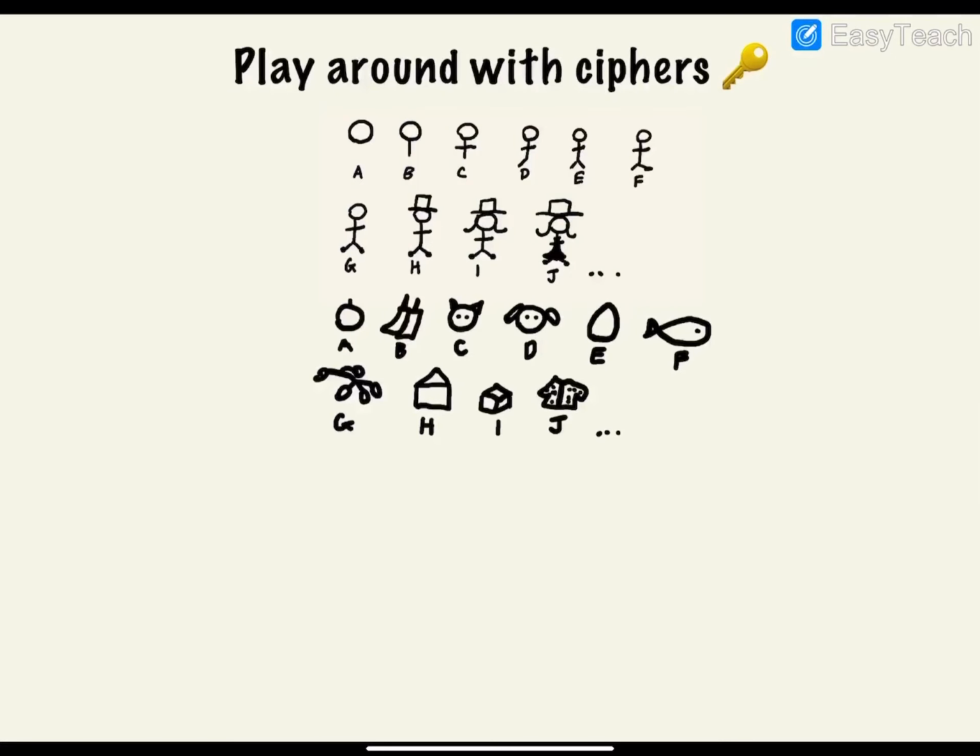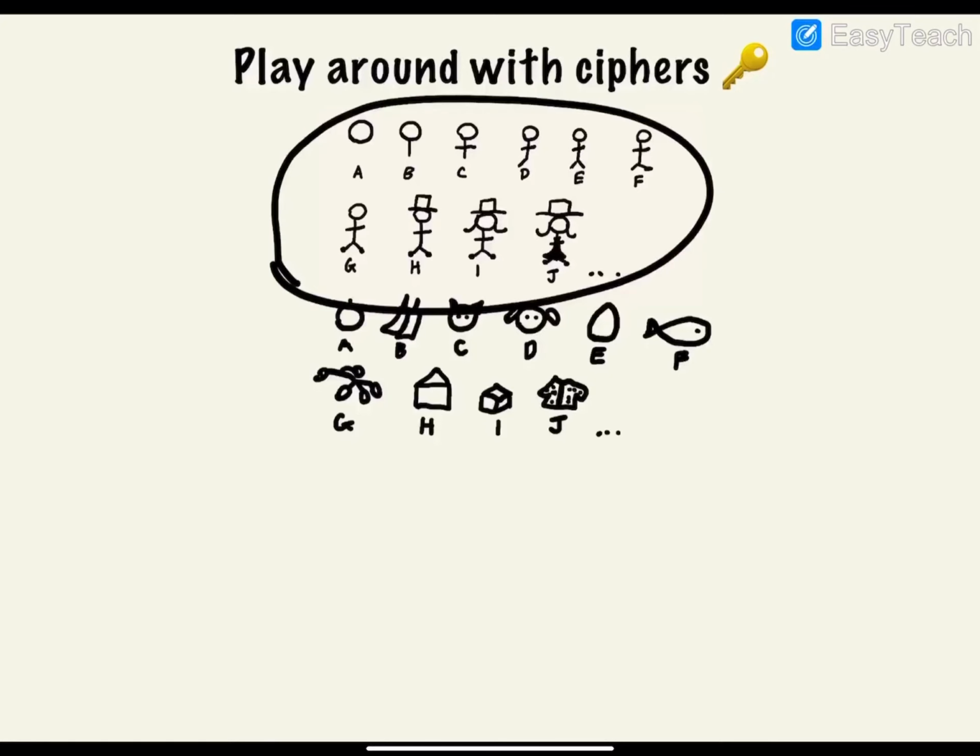Now we could play around with ciphers. Since we know all of our ciphers so well, it's now time to create some of our own. Here I got an example. A is a head, B is a head with a body but no arms, C is just the whole body but with no legs or feet.